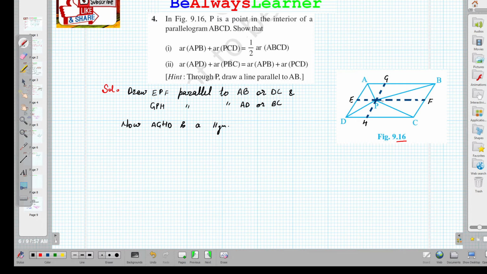Because we can say that GH is parallel to AD, GH, this slanted line, is parallel to AD, and this side, this section, is parallel to DH. This AG is parallel to DH. तो ये हो गया एक parallelogram. So similarly, we can have many parallelograms here.